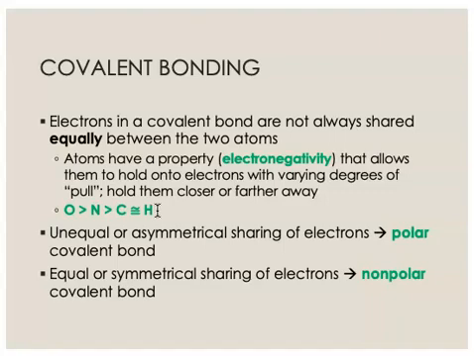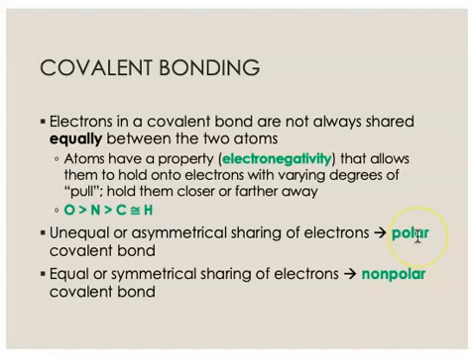When you bring two atoms together that have a different level of electronegativity, that's when you start to see this unequal sharing of electron pairs. Anytime there is unequal sharing going on, we give that covalent bond a name. We call it a polar covalent bond.